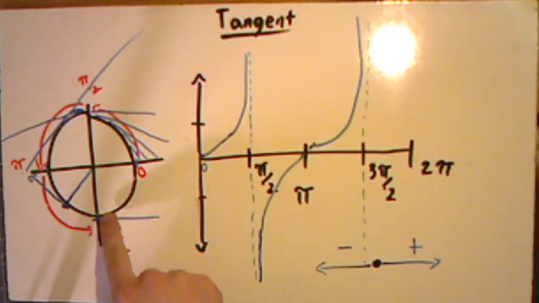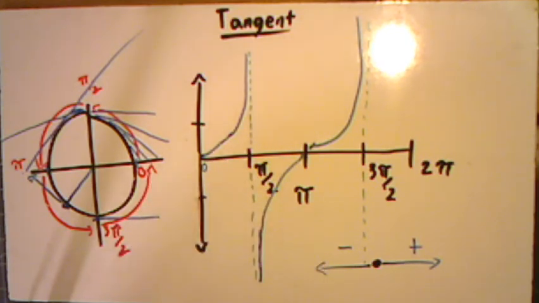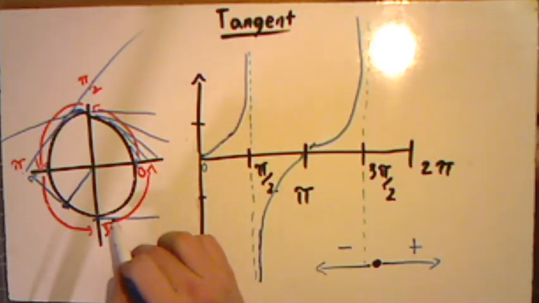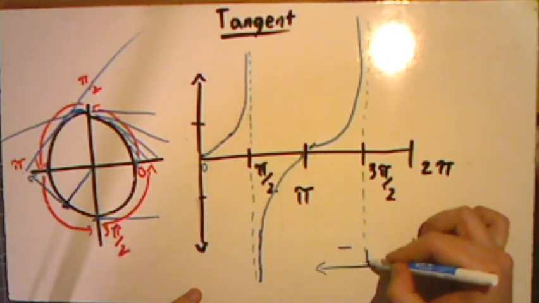And that's why when we start curving back into our 2 pi from 3 pi over 2, we get that immediate, extremely large number to work with.